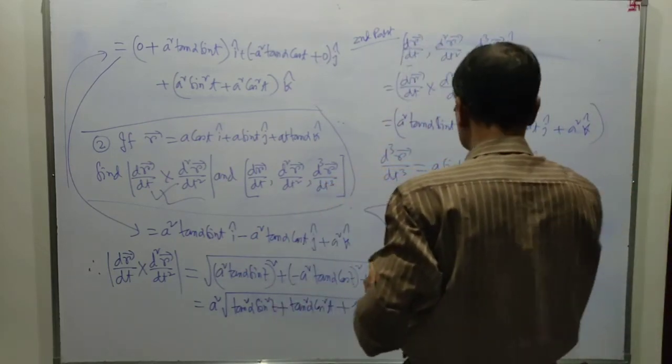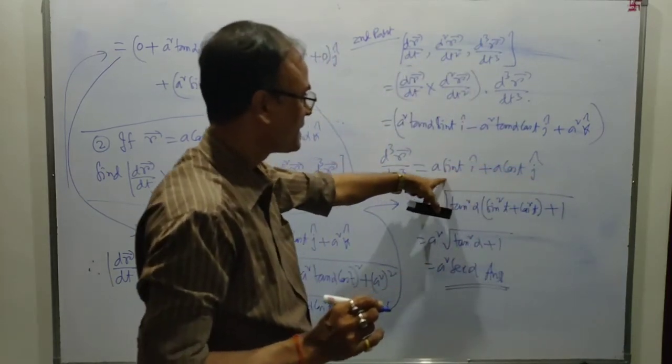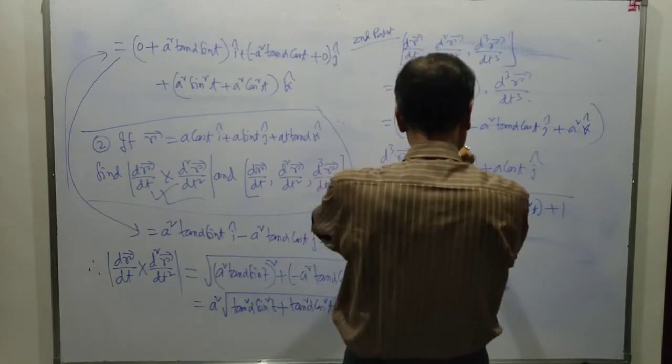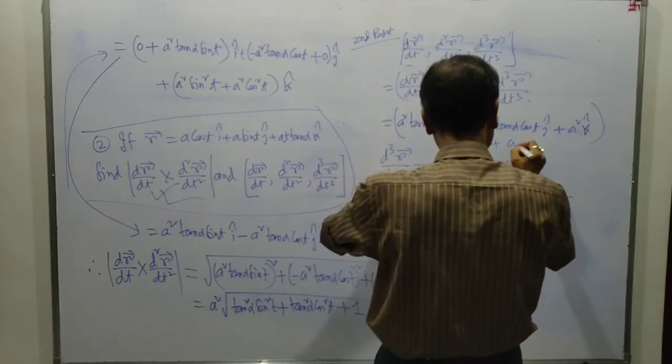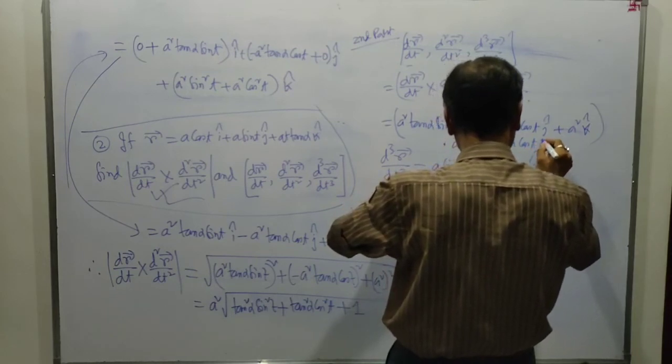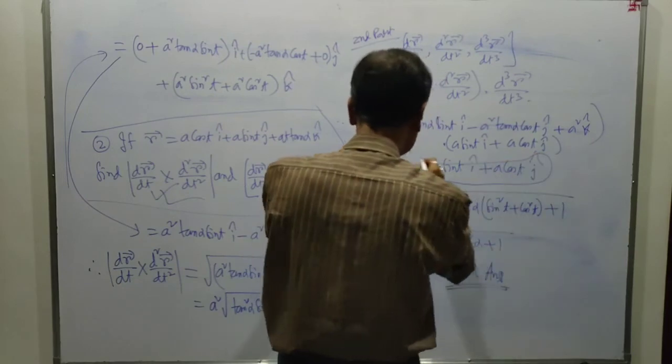This dot into this: a sin t i cap plus a cos t j cap, dot this one. We have written this one.